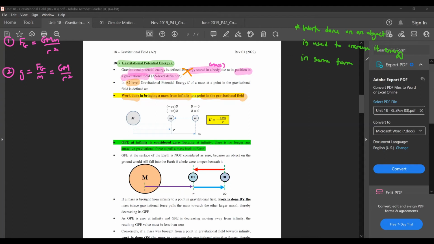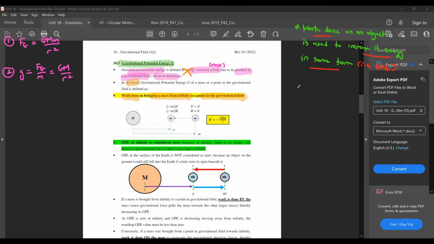Okay, in general, last time in AS physics, we normally told you that whatever work that you do on something normally is used to change the energy of the object. So here you can probably think of it as whatever work you do on an object is used to increase the energy in some form. Let's just say, for example, GPE. Okay, so the idea is this.